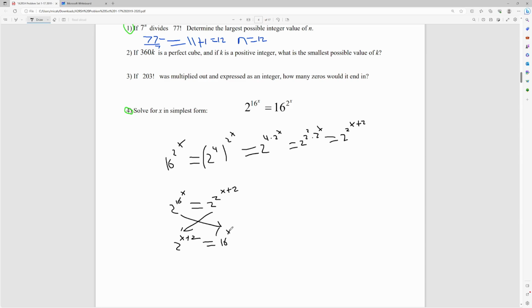Well, remember 16 is just 2 to the 4, so we have 2 to the x plus 2 equals 2 to the 4 to the x, or 2 to the x plus 2 equals 2 to the 4x. Now we reduce this to a really simple linear equation. x plus 2 equals 4x. So subtracting x, we get 3x equals 2. And now x equals 2 over 3.